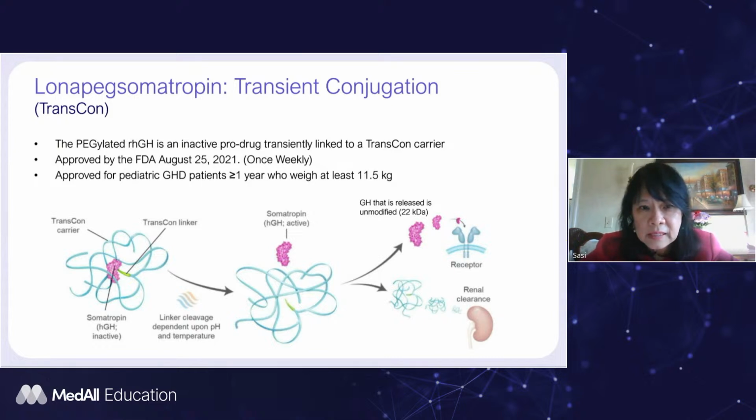We have a prodrug that is unmodified, the same molecule as the daily growth hormone, but it has a TransCon carrier, which is polyethylene glycol, attached to the unmodified growth hormone with the TransCon linker. This carrier helps keep the growth hormone slowly released, allowing prolonged action of growth hormone.